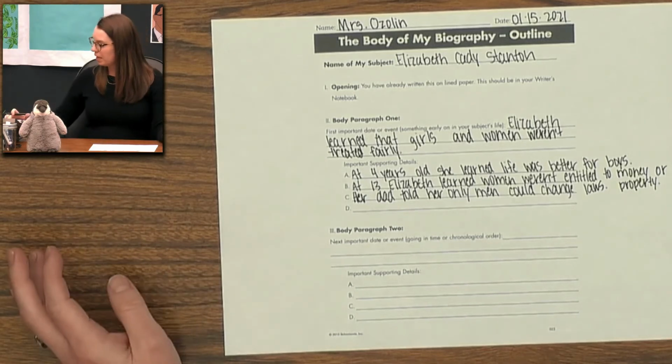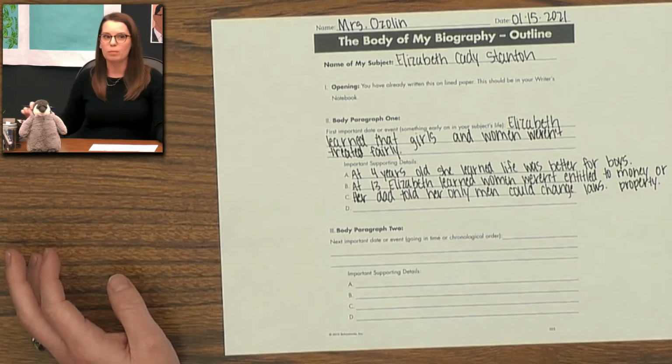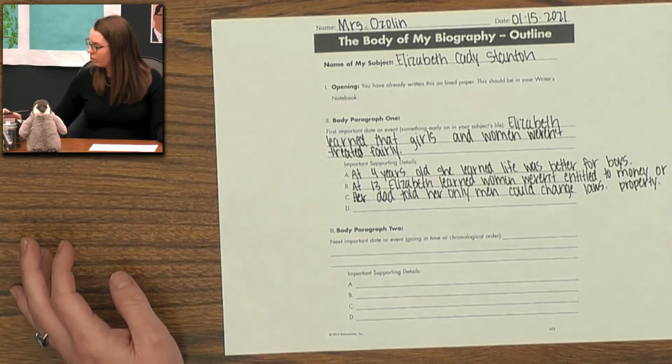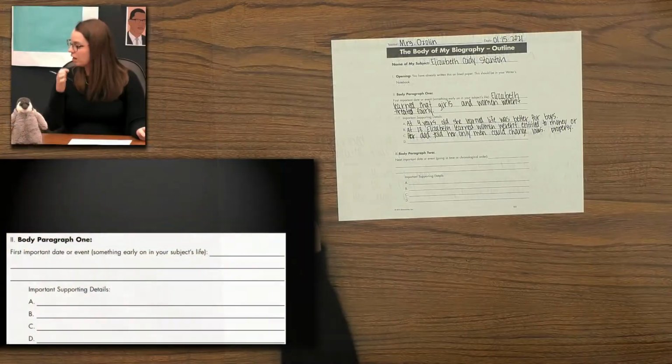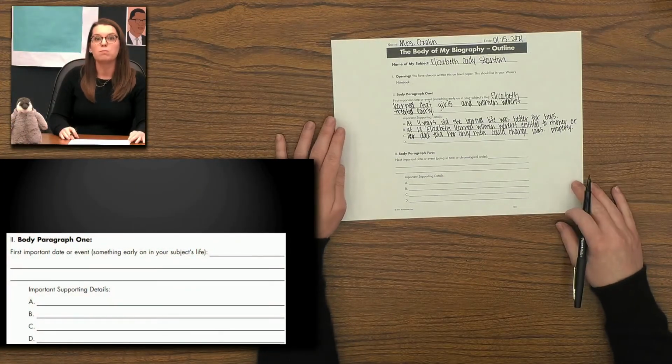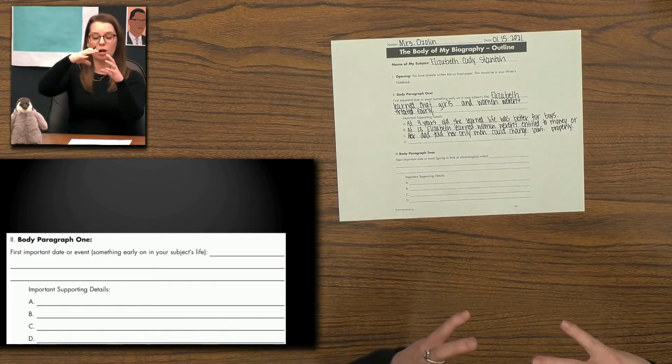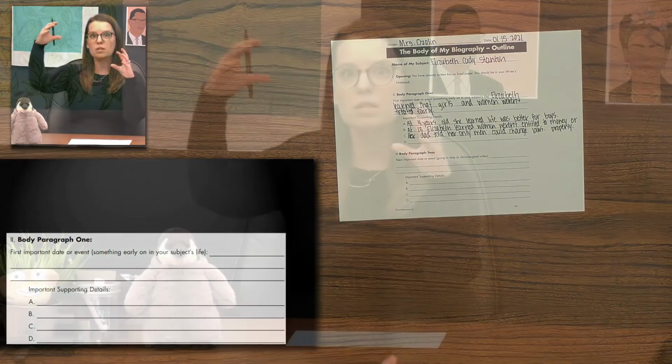Remember that really big word, preposterous, that came up? Elizabeth thought these laws were preposterous, and our illustrator made that word really big in the text. So I think that's an important word to include.